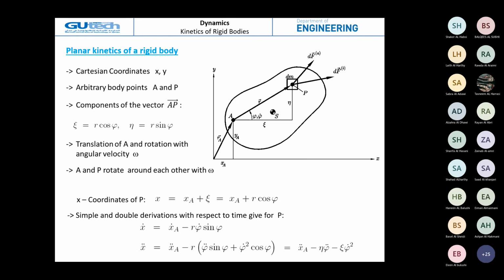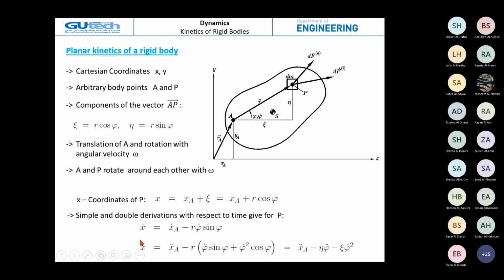Then the derivation with respect to time. If we derive x, given by this expression, we get x dot a minus r multiplied by phi dot, as cosine phi depends on phi, phi dot sine phi.